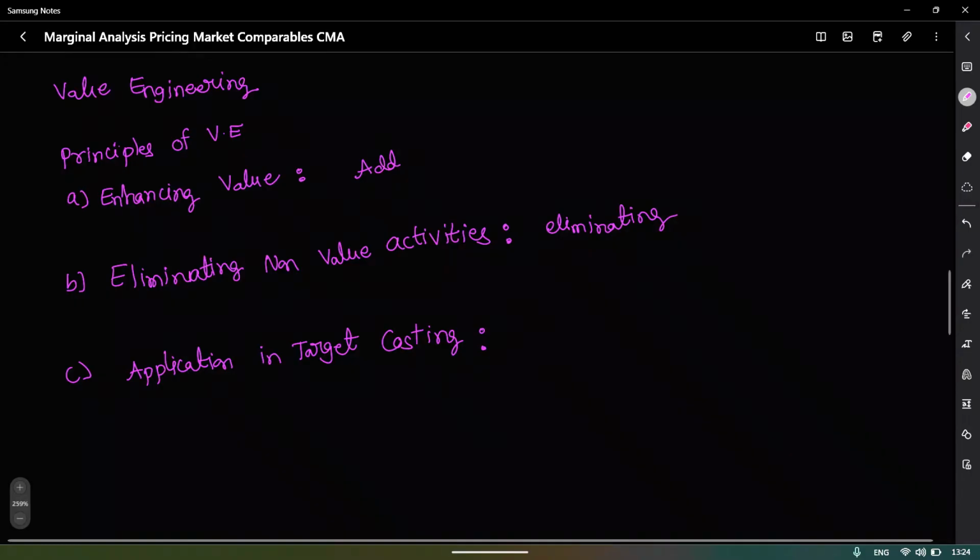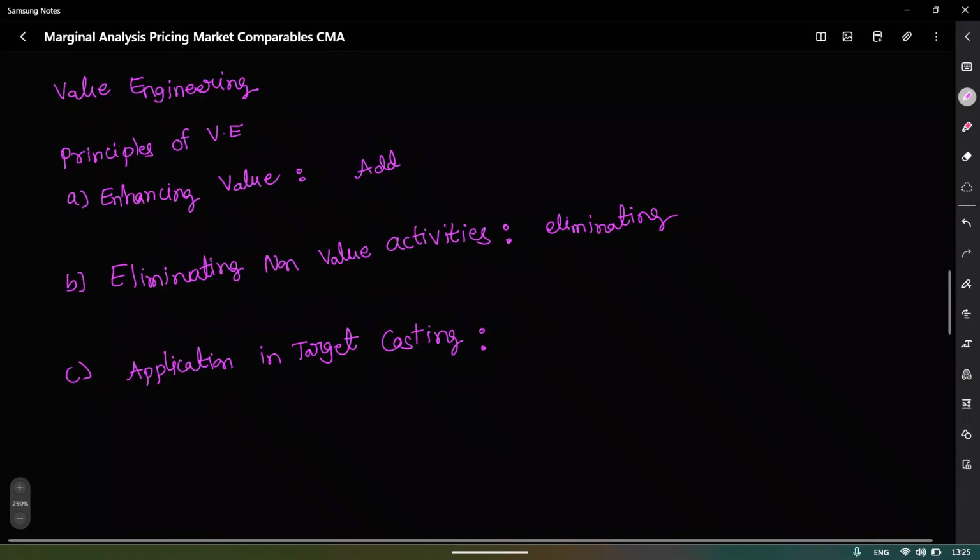Yes. So simply, value engineering is a critical tool in target costing. By managing and adjusting product cost, companies, the management can ensure they meet or stay below the target cost established for the profitability. It helps in creating a competitive and cost efficient product without sacrificing the quality of the product, right?